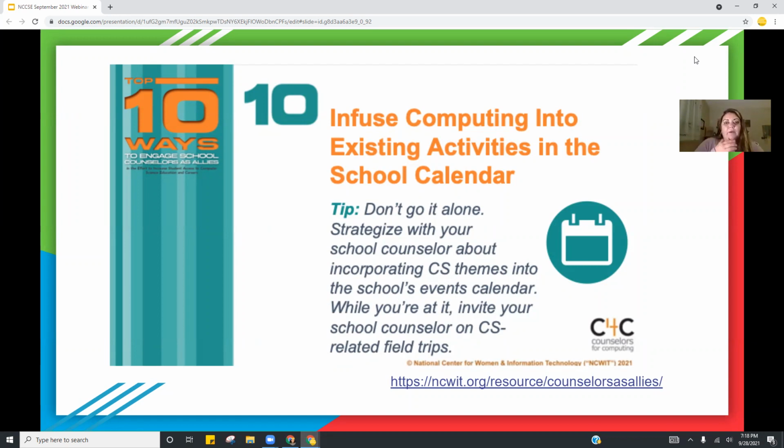So at these types of events, you could set up a table or an area where kids are trying some coding with very simple things like that are in the hour of code, or maybe you're setting up some of your unplugged activities that tend to be really fun and get a lot of movement going, where students and maybe even families can play around with this.